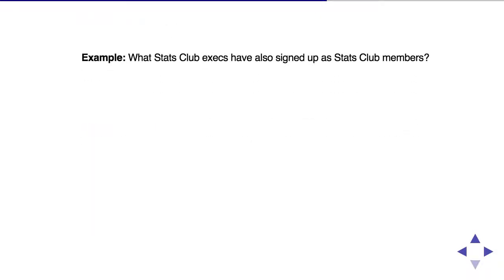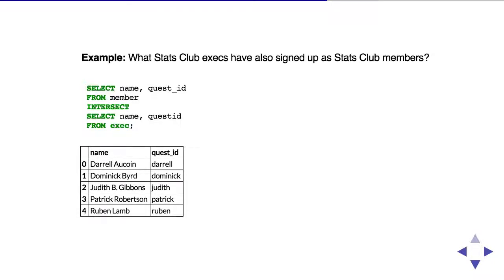I forgot that in there. First time making this presentation. So what Stats Club execs have also signed up as Stats Club members? We find the name and quest ID from member, intersection with the name and quest ID for exec, and we have that information right here.